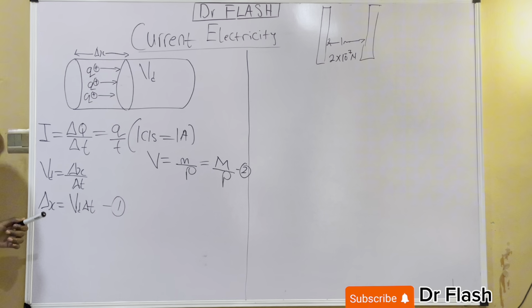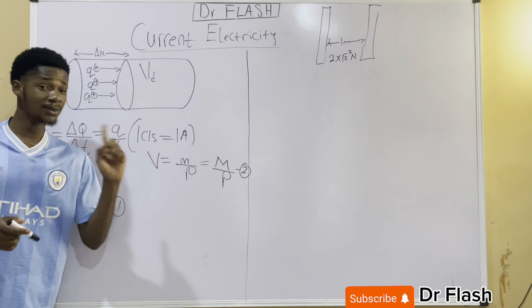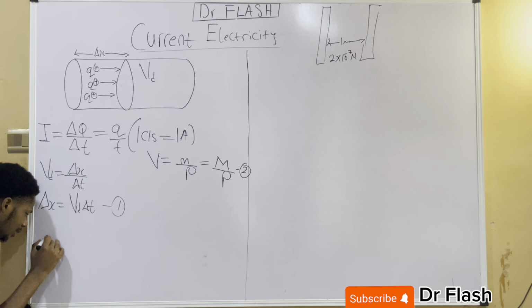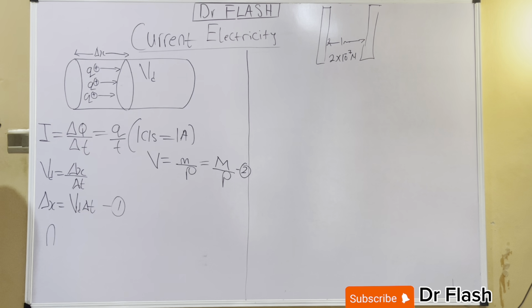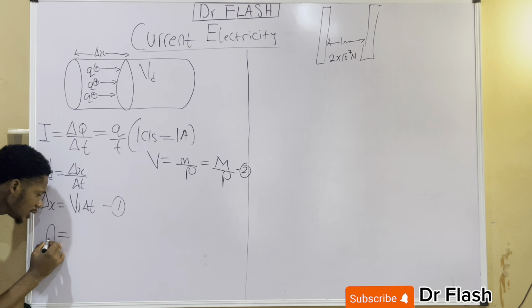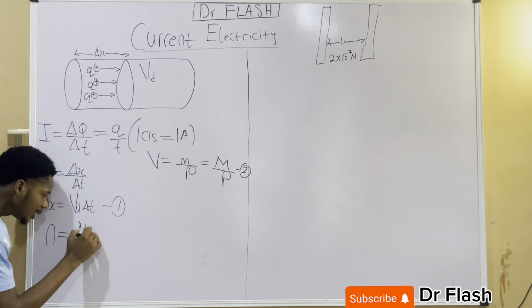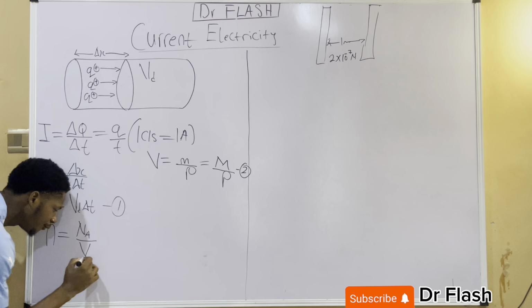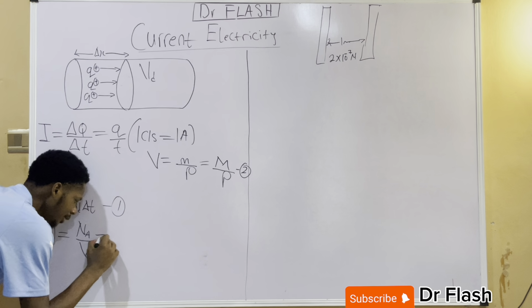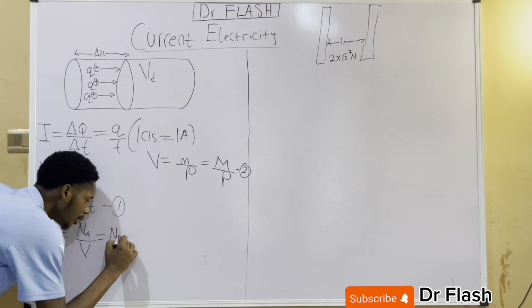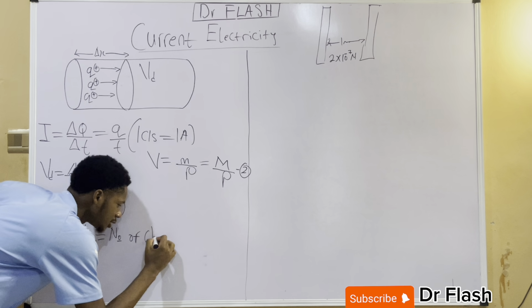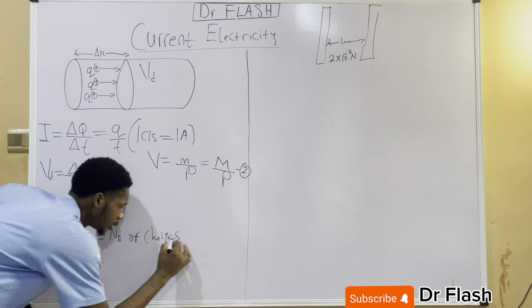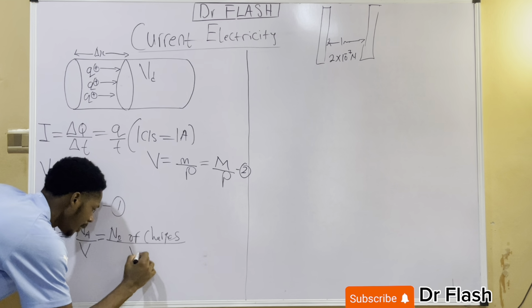If we call the number of charges per volume n, small letter n, we can say that n is equal to NA, which is Avogadro's number of charges, divided by volume. I can as well write it here: the number of charges divided by the volume.